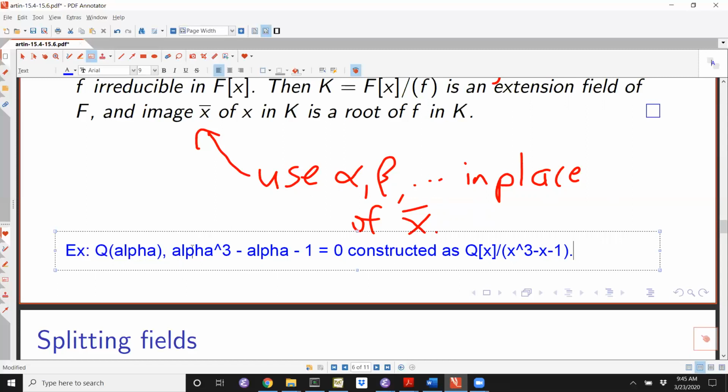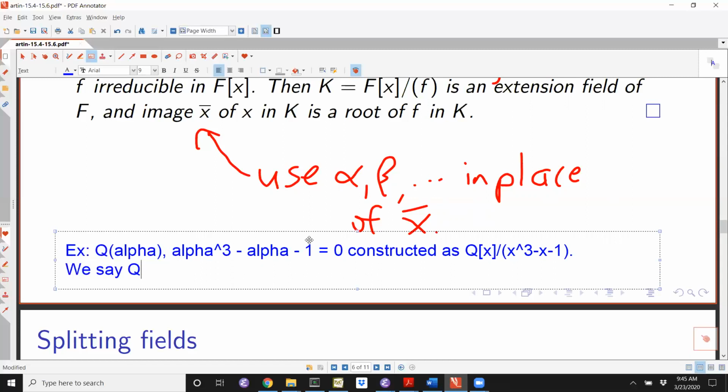And we say that Q adjoin alpha is Q adjoin a root of x cubed minus x minus 1.